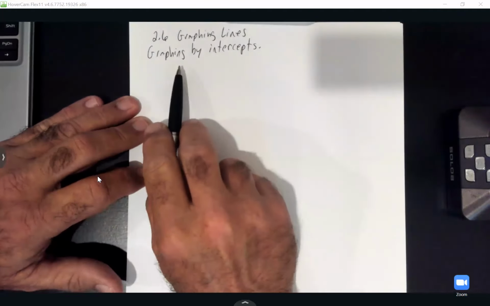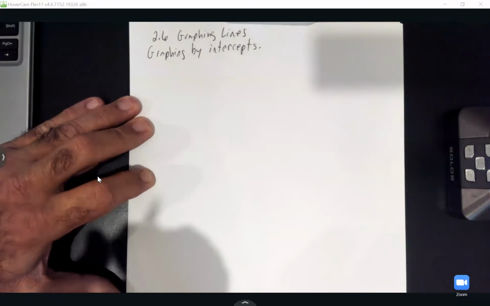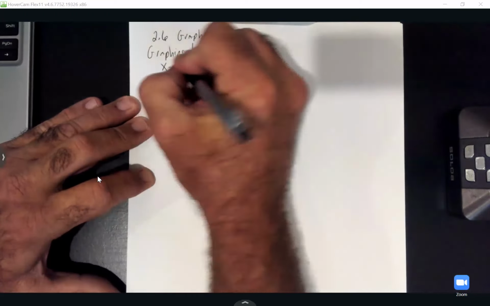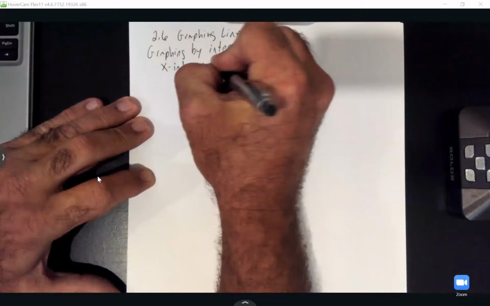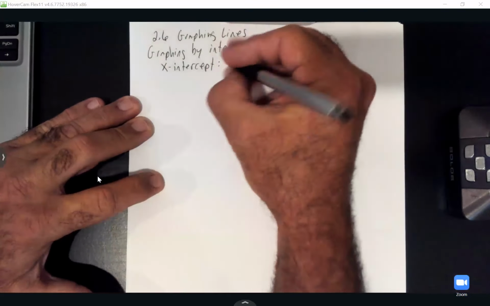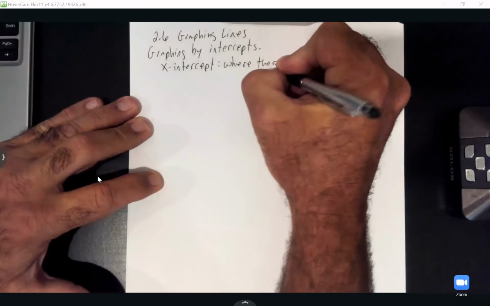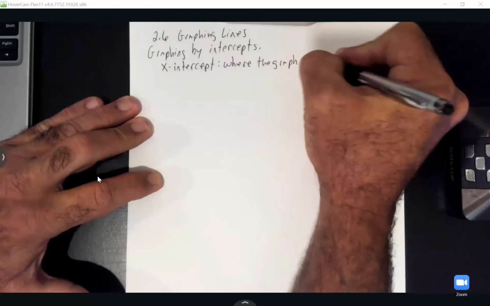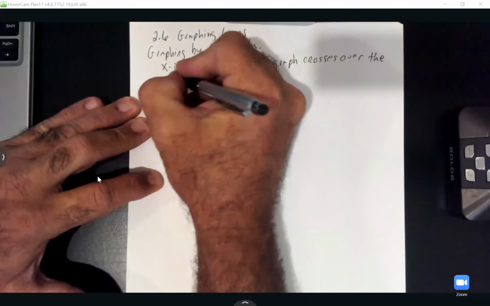All right, so before I show you the steps to graphing by intercepts, I'm going to tell you what is a y-intercept and what is the x-intercept. So the x-intercept, that's where the graph crosses the x-axis. So it's where the graph crosses over the x-axis.